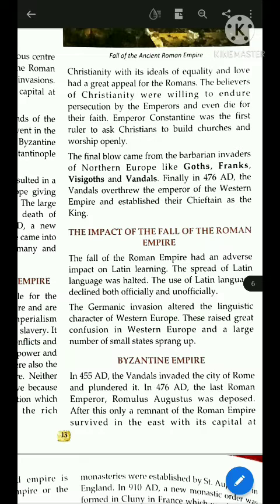Adverse means opposite impact. It had a great effect on Latin learning.